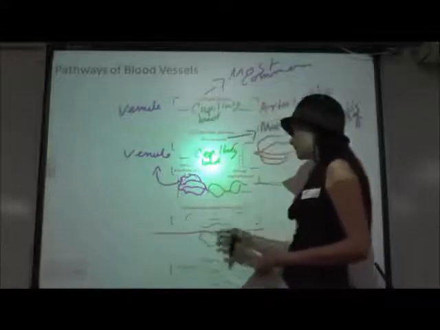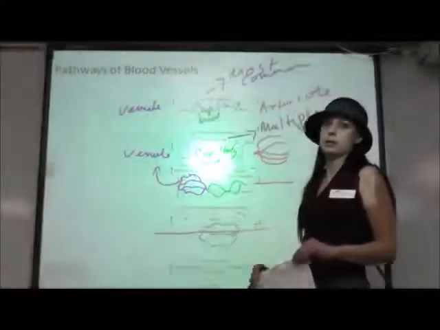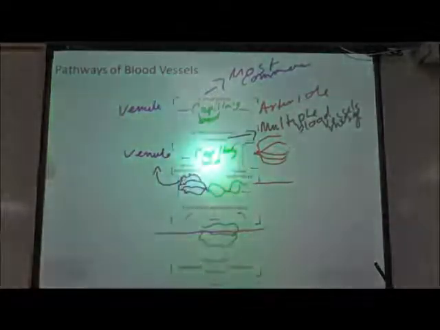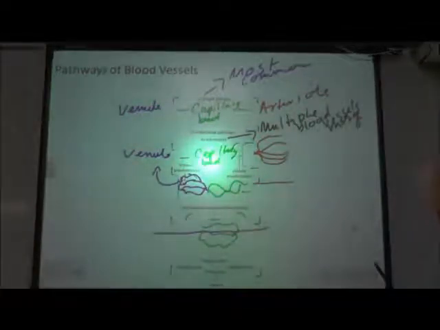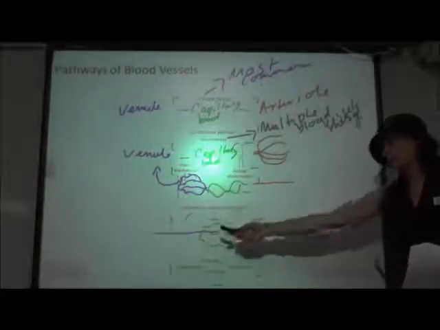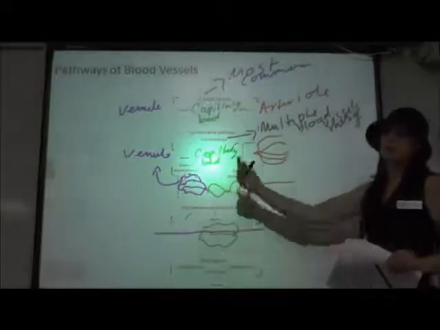So we can bypass the capillary bed altogether before returning to the general circulation. We call it a shunt, an arteriovenous anastomosis.